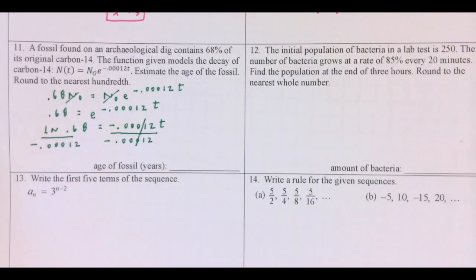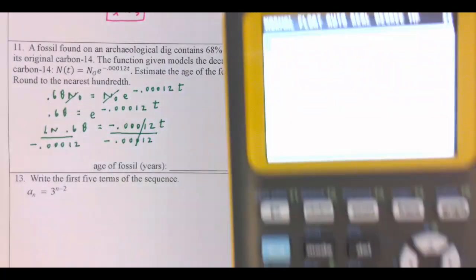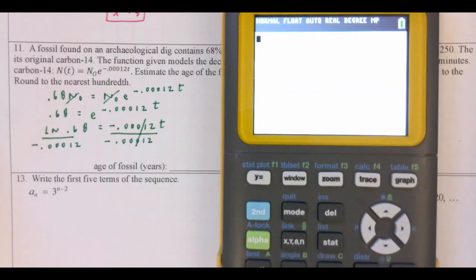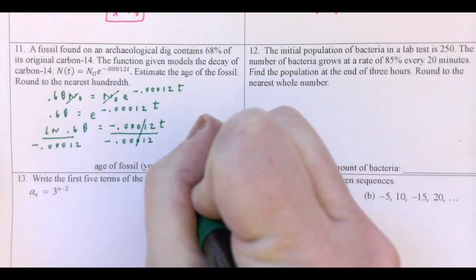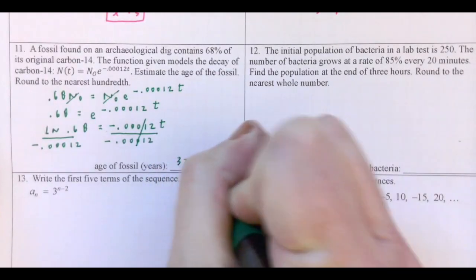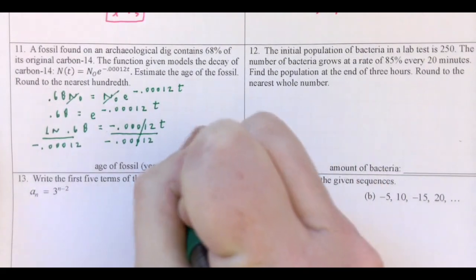All right, so when I type that in, I'm going to get my answer. I just want to record it to 2 spots. So here, ln 0.68 divided by negative 0.00012. And there we go. So record it to 2 spots. We would say 3,213.85 years old.